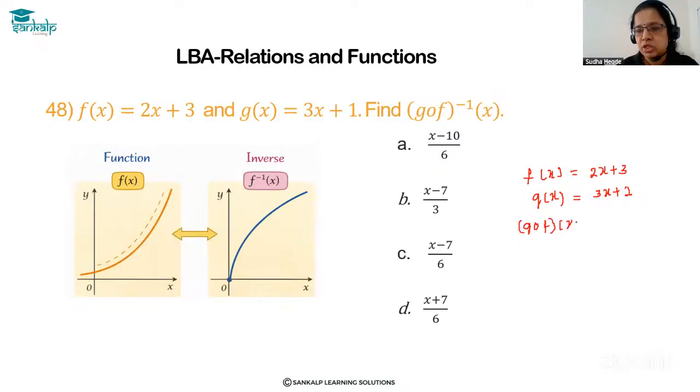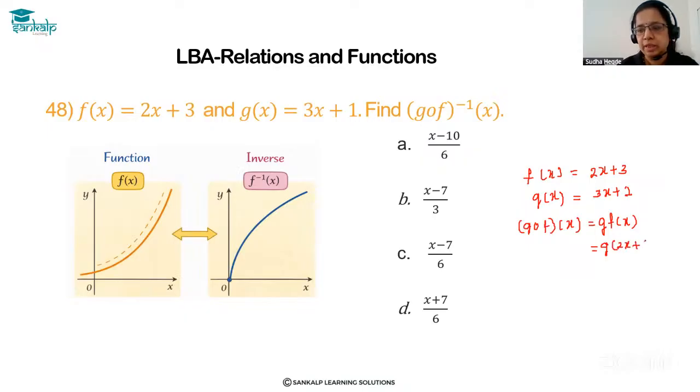G composition F of x is equal to G of F of x. Okay, that is equal to, how do you write G of F of x? G, replace f of x by 2x plus 3.